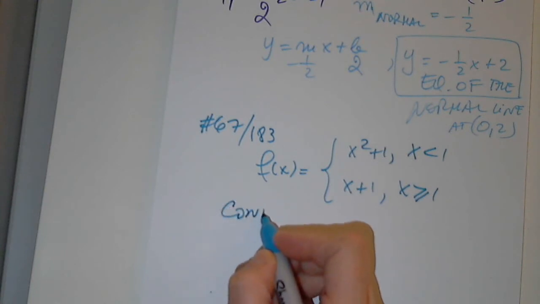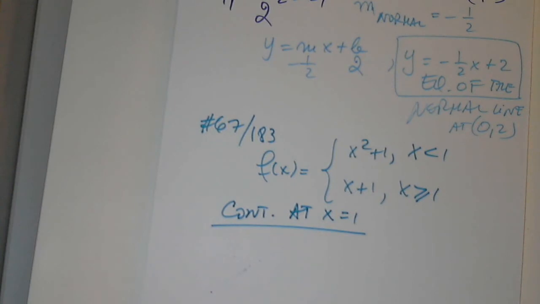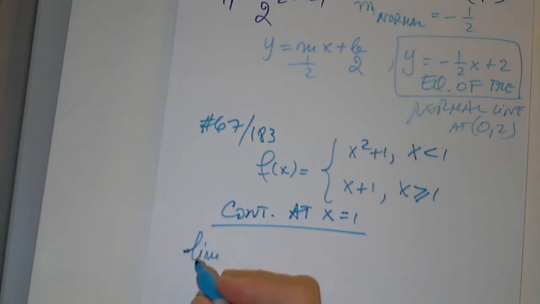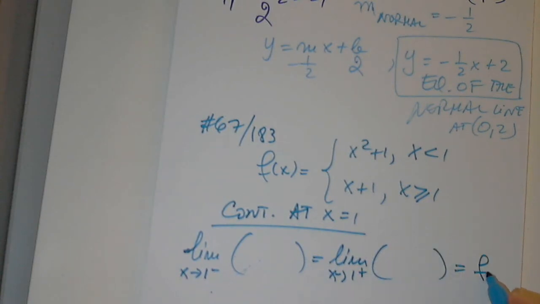Okay, so what is the definition of continuity at the point? Continuity at x equals 1: the limit of f of x as x approaches 1 from the left is equal to the limit of f of x as x approaches 1 from the right, which is equal to f of 1.